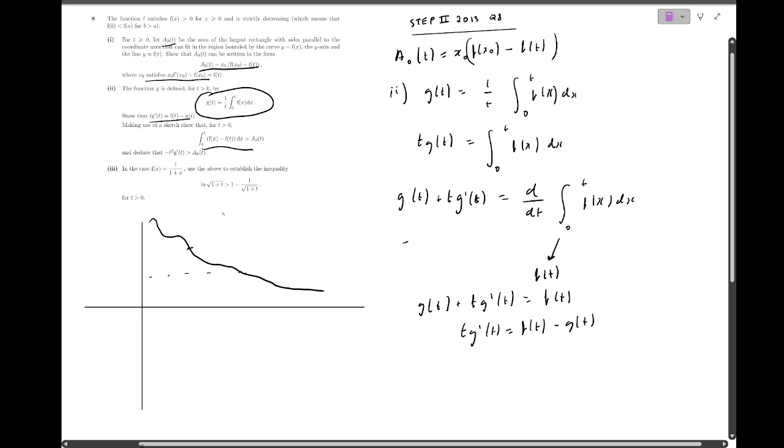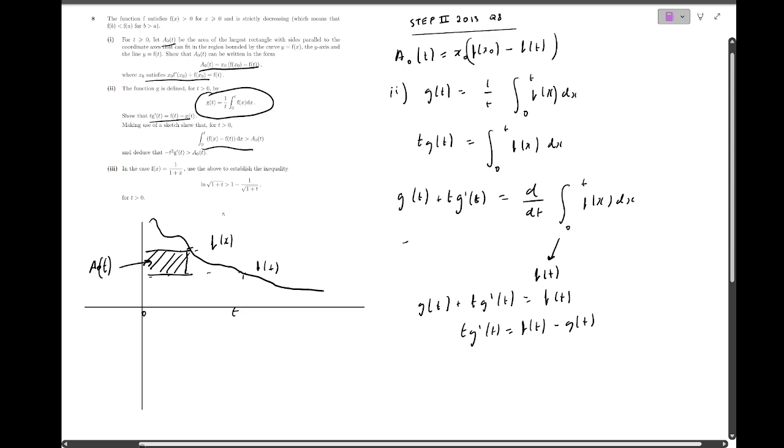If this is f of x, and this is f of t, and this was our rectangle here, with this being a naught t, the integral we're finding is from 0 to t.